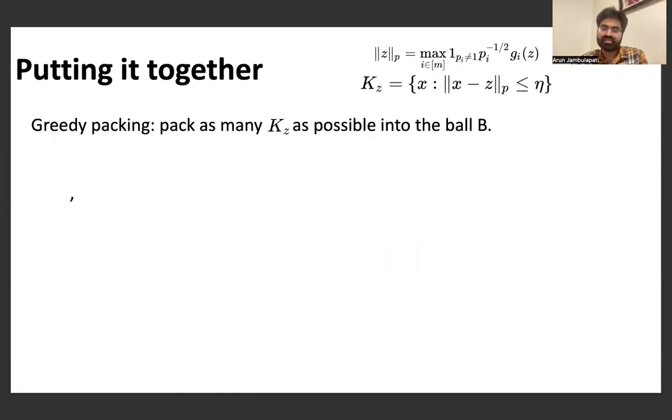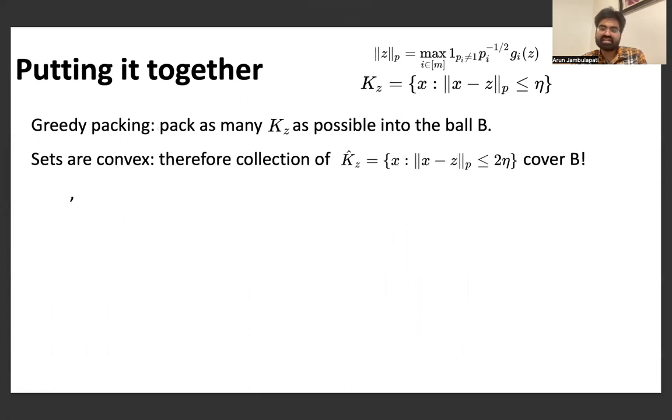Our argument for this is going to be: given a collection of k sub z, we're going to pack as many copies of k sub z into this ball B as possible. The idea is that if we pack a lot of these such that we can't pack another copy of k sub z into this ball, doubling the radii covers the set B. And the point is, given a covering of the ball with these translates of sets k sub z, we can guarantee that for any 2 points inside a k sub z, the p norm distance is at most 2 eta.